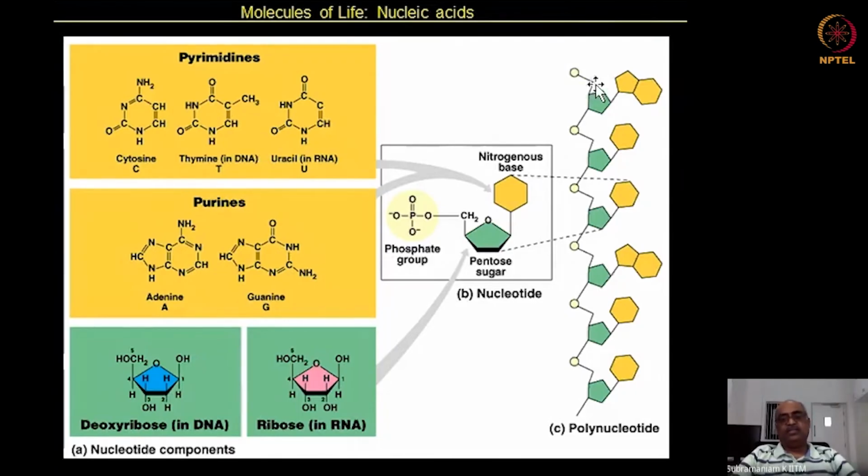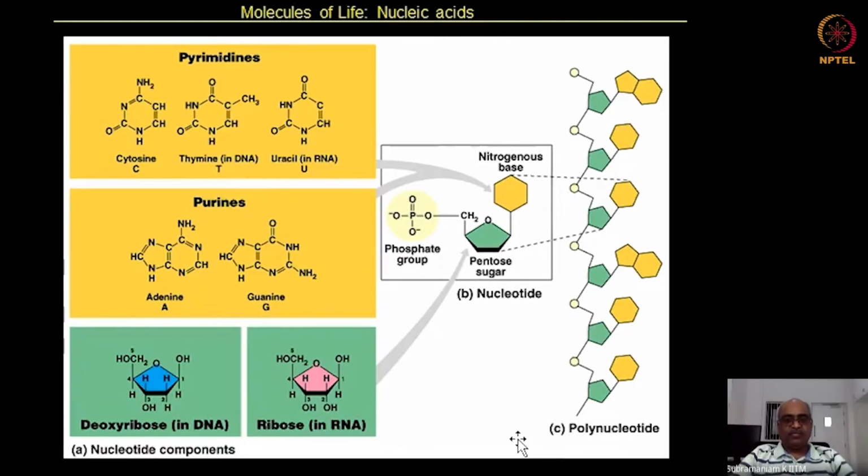This end where the 5' is free we call the 5' end of the chain, and the end where the 3' hydroxyl is free we call the 3' end. So this particular ribbon runs 5' to 3' in this direction.